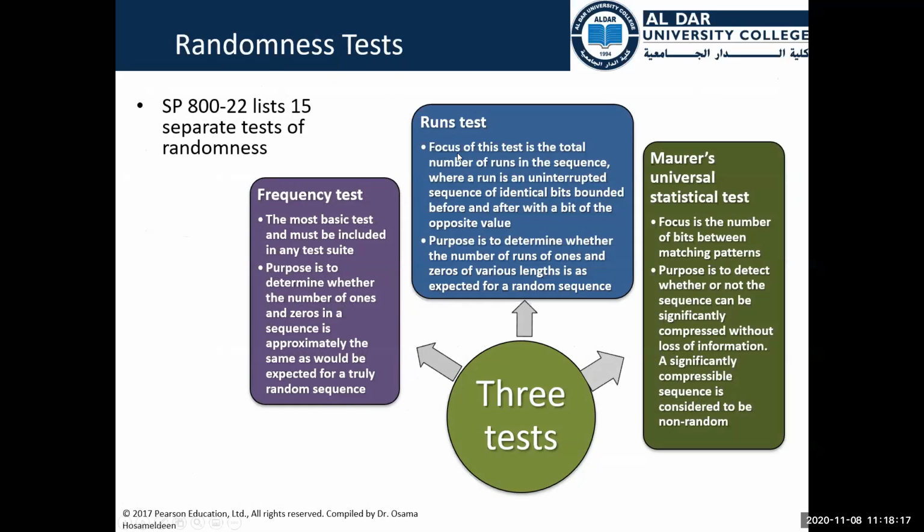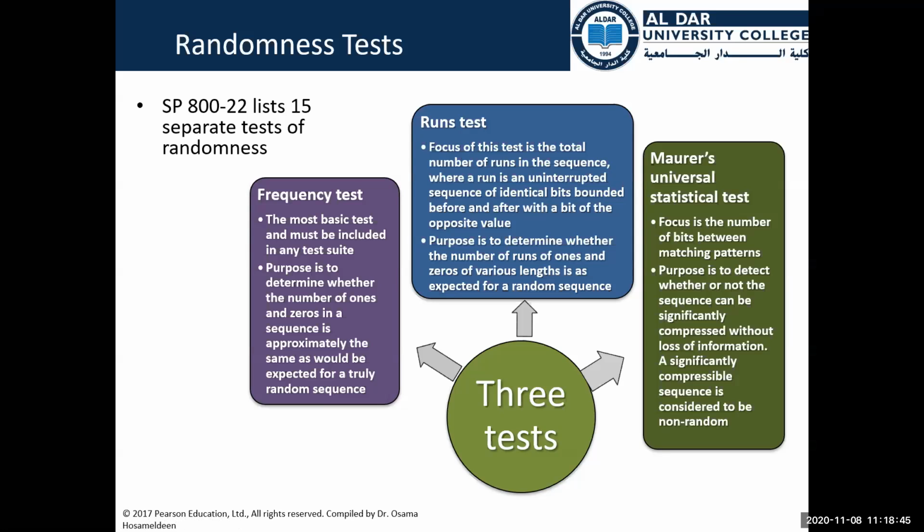This is for subsequences. For example, I can have the entire bit stream with ones and zeros approximately equal, but for some specific part of the stream, the number of ones and zeros are not equal. This is not good.